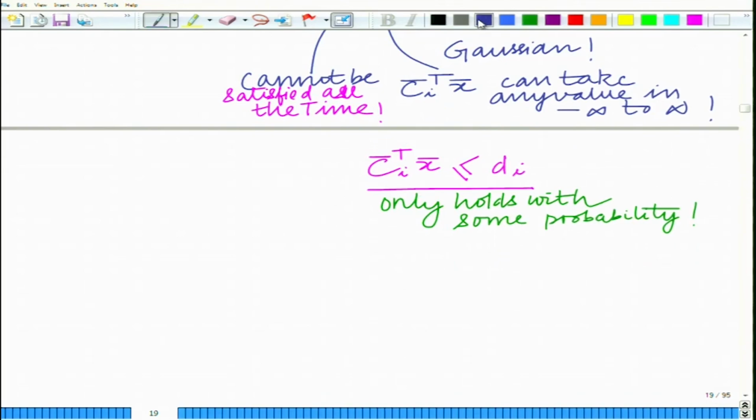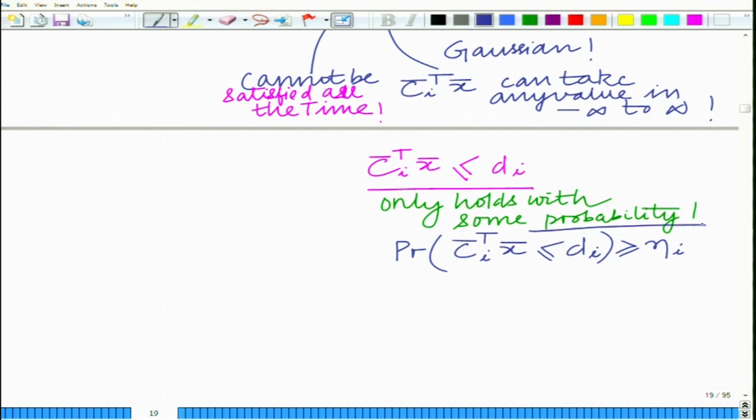Let us say this is eta I: the probability that C bar I transpose x bar is less than or equal to di has to be greater than or equal to eta I. What we are saying is very interesting: you can only talk in terms of the probability with which the constraint holds.